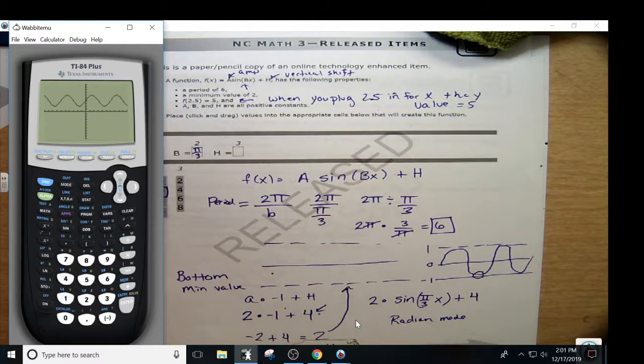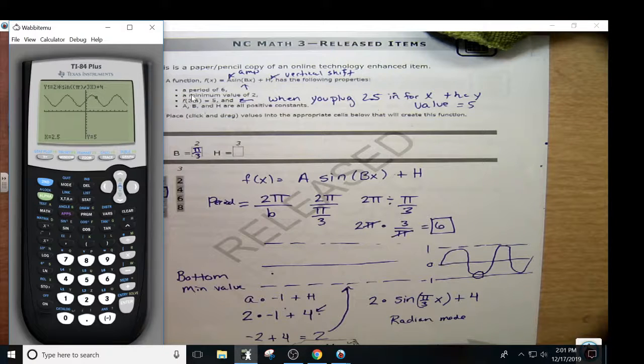Okay, so now let me show you how to do that. Now, hit trace on your calculator. Okay, hit trace. All right, now you have to hit trace first. If you don't, it won't work. All right, hit trace. Now, I want you to start typing 2.5 in. 2.5. Press enter. Now, guys, notice when I plug in 2.5, that gives me a y value of 5.